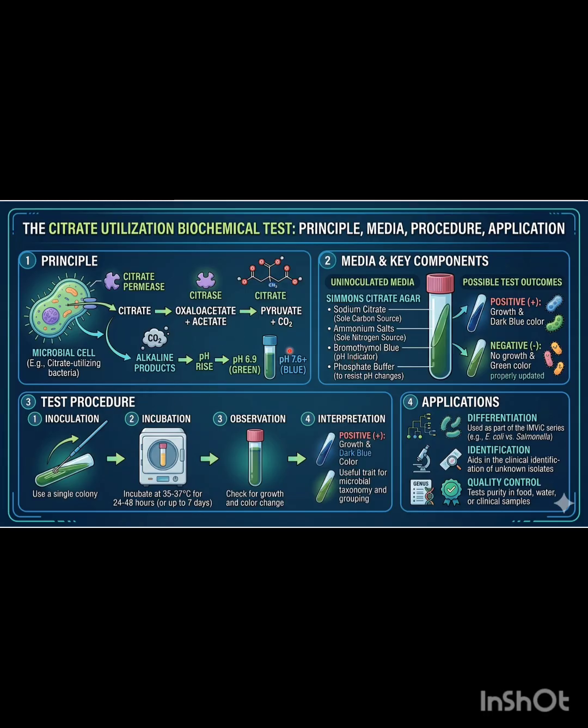We have prepared the Simmons agar and tilted it slightly to form a slant. This is known as the slant and this is known as the butt. This is very important for studying triple sugar iron. We are going to inoculate the butt and then the slant, and then incubate it at 35 to 37 degrees Celsius for 24 to 48 hours, or you can keep it up to 7 days also.